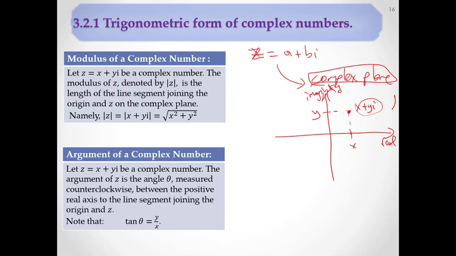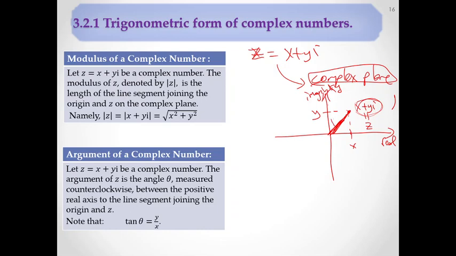So here, this length. We will call this z equal to x plus yi. And by Pythagorean, this length is the square root of x squared plus y squared.